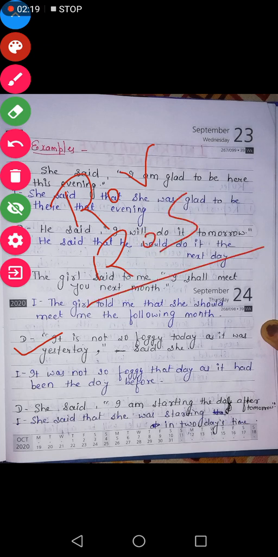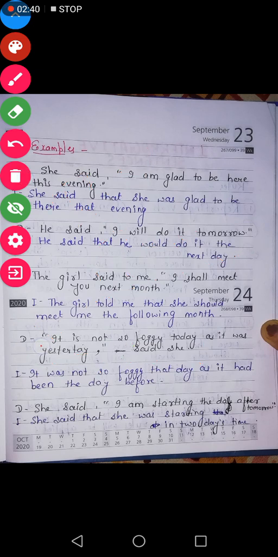The thing that is written within the inverted commas is called reported speech, and the thing outside the inverted commas is called the reporting verb. But in this sentence you will find that the reporting verb is written at the last and the reported speech is written in the beginning of the sentence.